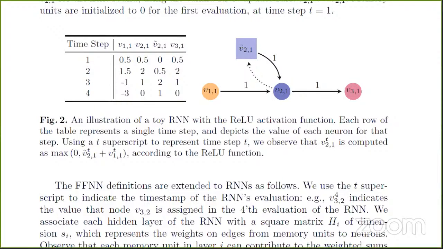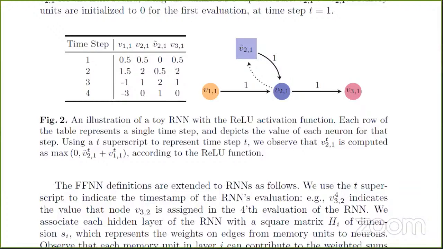So I'm focusing on the table to the left of the figure. There are 4 time steps being talked about here: time step 1, 2, 3, and 4. v1,1 was the input neuron, so there are different inputs at different time steps. At time step 1, the input is 0.5, which becomes 1.5 at time step 2, then -1 at time step 3, and then -3 at time step 4.